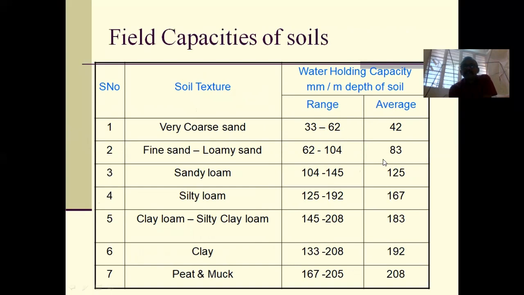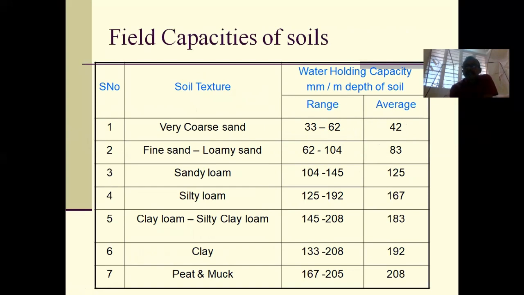So when we irrigate, we should not apply water more than this depth. For instance, in very coarse sand, if we want to irrigate 1 meter depth of soil, we should not apply beyond 42 mm. If we apply beyond 42 mm, the water will go below 1 meter and it may get wasted.